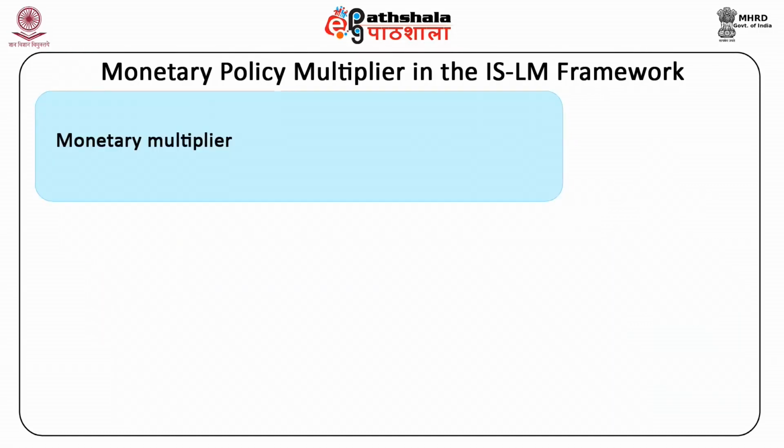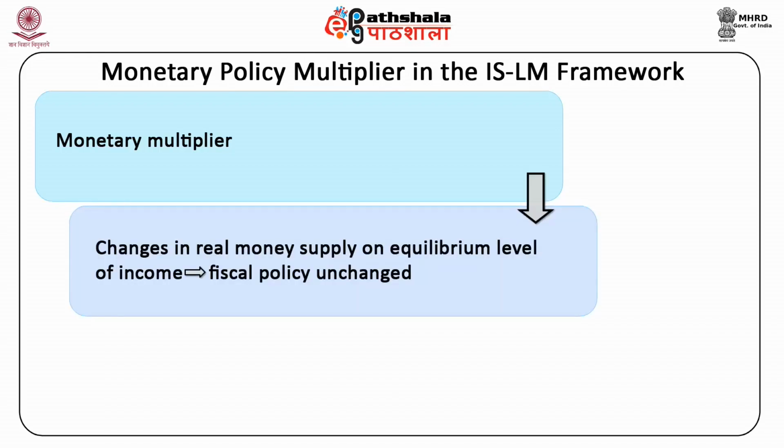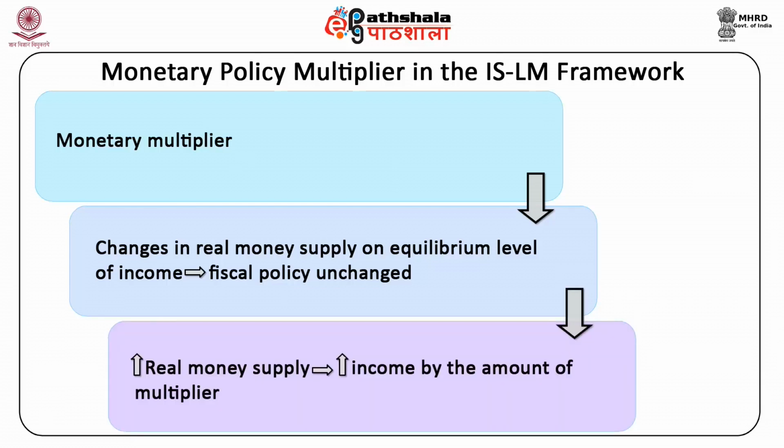The monetary policy multiplier shows the effects of changes in real money supply on the equilibrium level of income, keeping the fiscal policy unchanged. When there is an increase in the real money supply, the income will rise by the amount of the monetary policy multiplier.